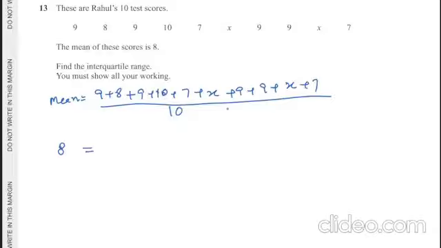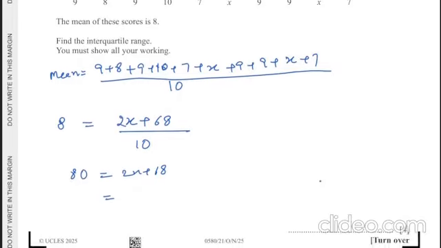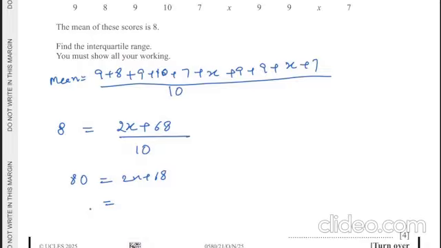Adding x plus x will give us 2x, and all these values after addition will be 68, right? 10 moving to the other side, 80 equals 2x plus 68. Now 80 minus 68 is equal to 2x, so 2x equals 12, so x will be equal to 6.